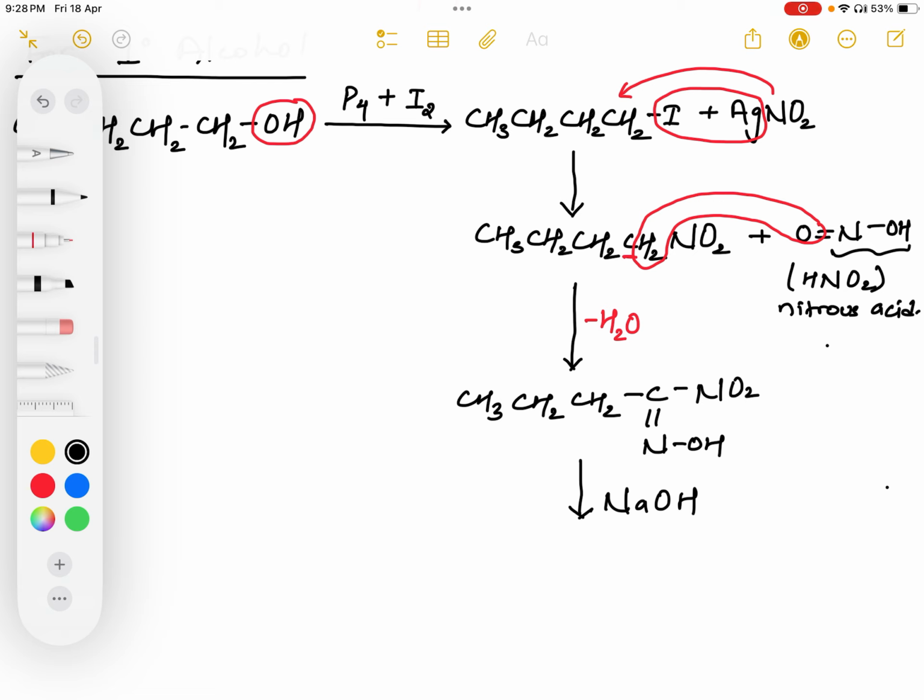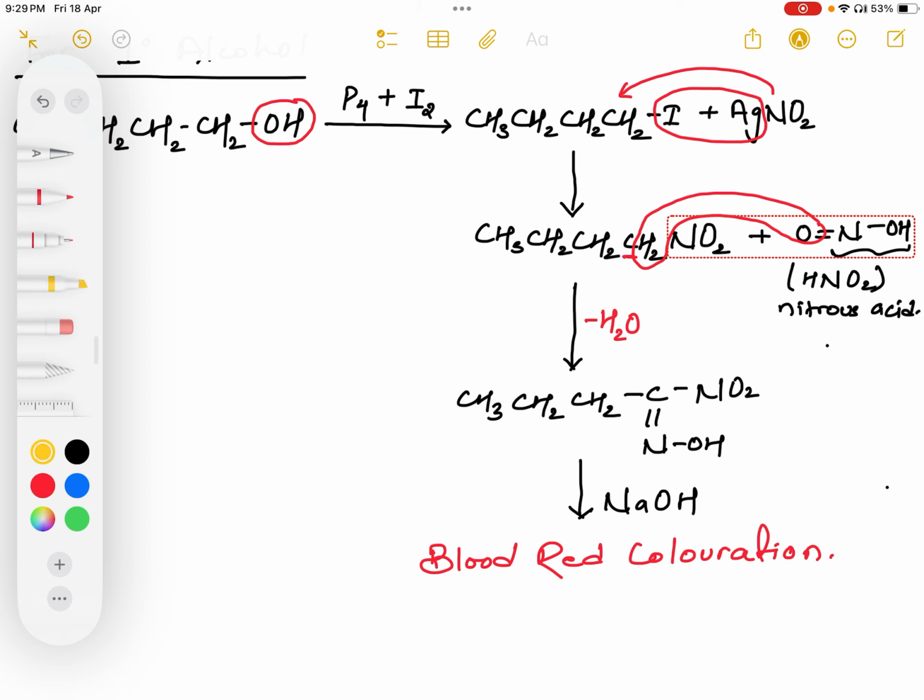And here you will see blood red coloration. So just remember, let me again explain this. The first step, it was being treated with P4I2. What happened? Iodine was added. The second step, it was treated with AgNO2, and NO2 was added.